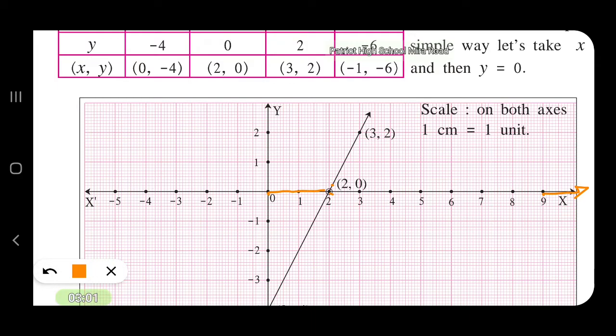But what is the value of y? It is 0. It has not advanced. It is on the x-axis only. So 2, 0 will be this point. So this point is represented on the graph this way. This ordered pair will represent the point here.